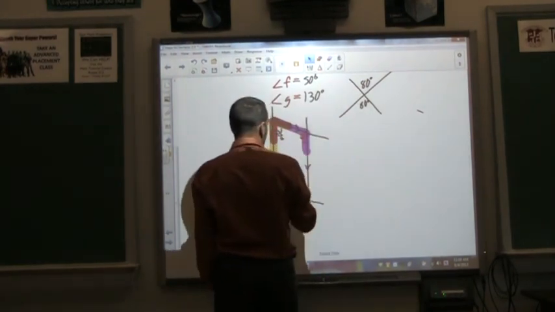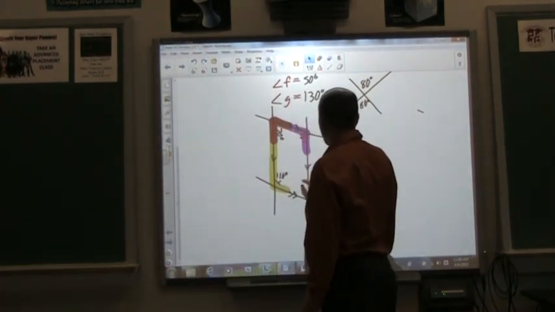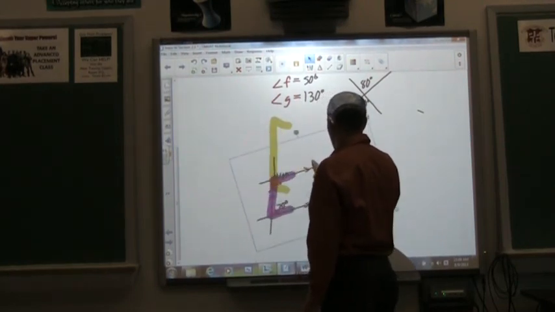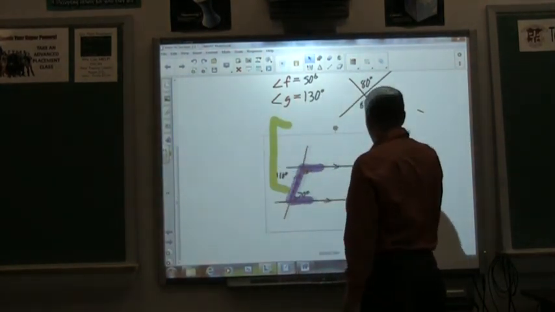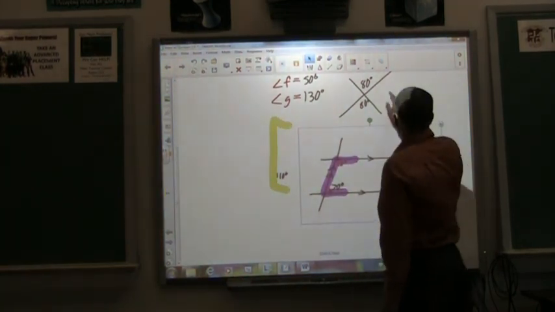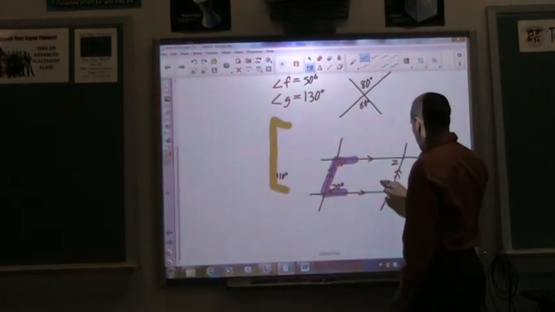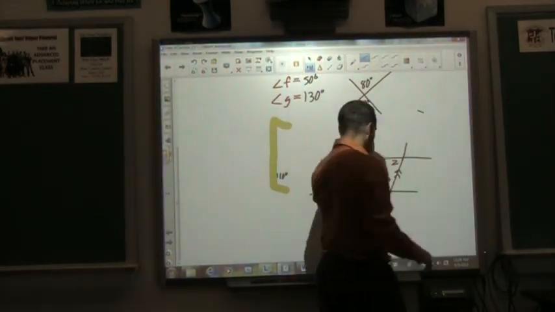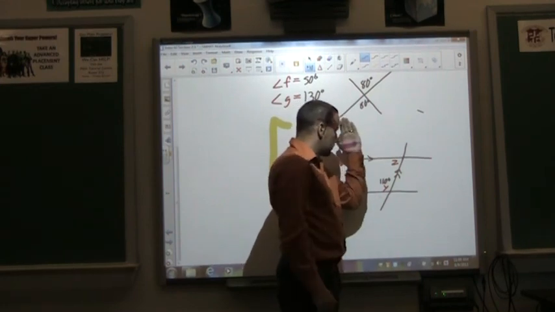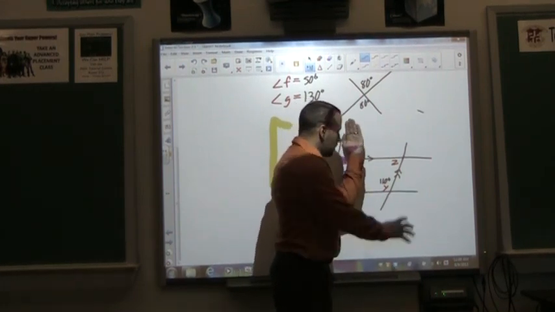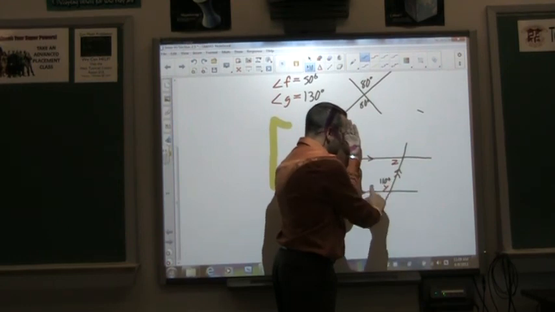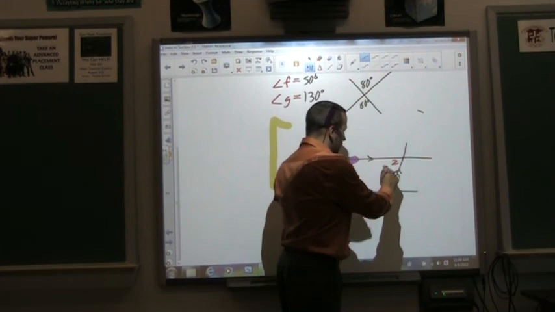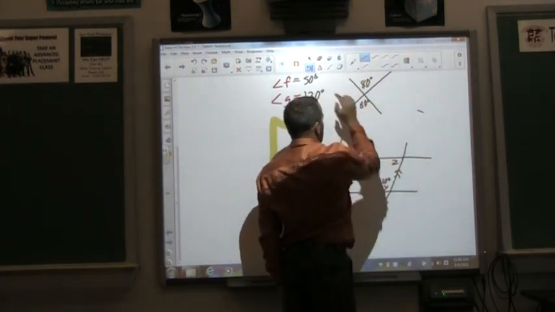So y was 110 right here. Now let's rotate it back to the original orientation. I've got this set up, my backwards C rule, so these two co-interior angles have to add up to 180, so z has to be 70 as well.